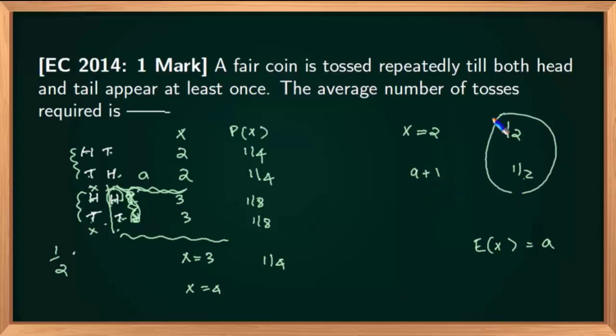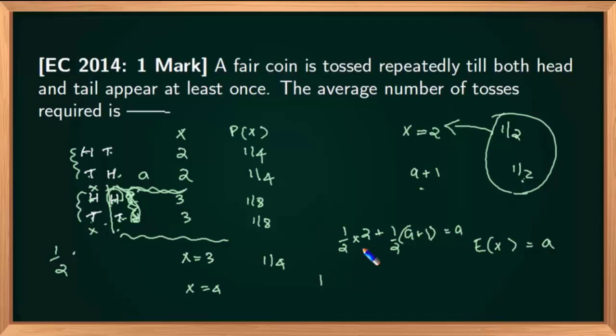So with half probability it is 2, and with half probability my length will be a plus 1. So this is the total scenario. If I go for the expectation, with half probability the length is 2, and with half probability my length will be a plus 1, and this will be a.